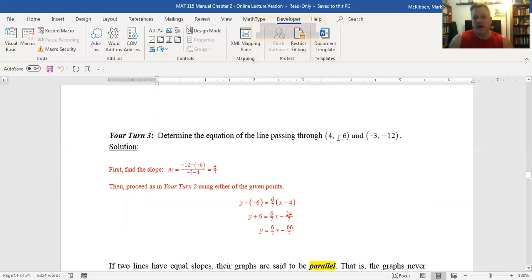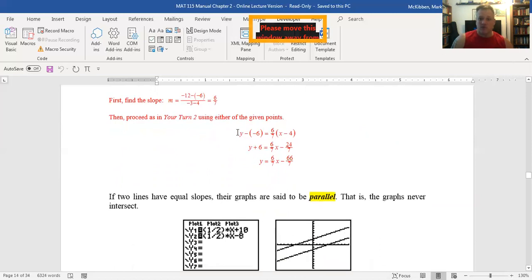Well, now we have a point. In fact, you have a choice of which either one you want to use. It doesn't matter. I just chose to use this one. And I have a slope, right? So think of this as x1, y1, and this is your slope m. Use that previous approach in example, or your turn 2, to find that the point slope form for the equation of the line is this.